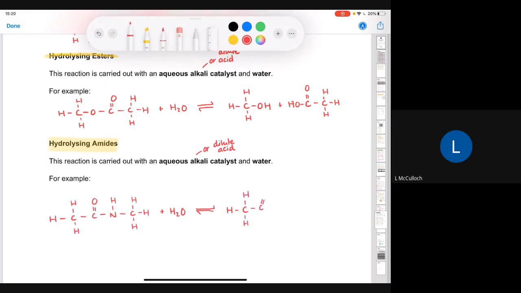That gives us our C double bond O, and then the OH from H2O will attach, reforming your carboxylic acid. The other hydrogen will reattach to the nitrogen, which reforms your amine, reforming that amino group, like so.